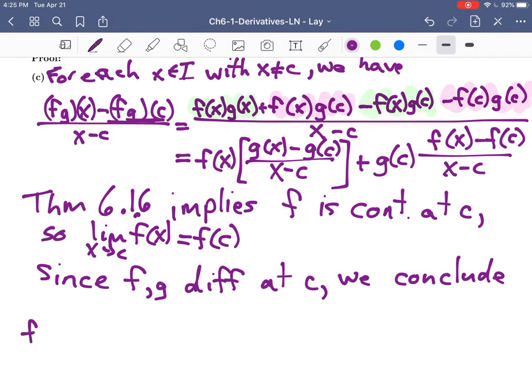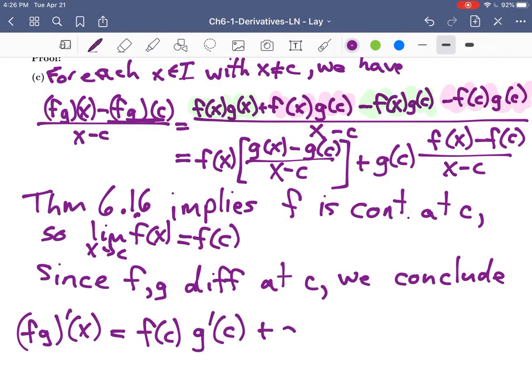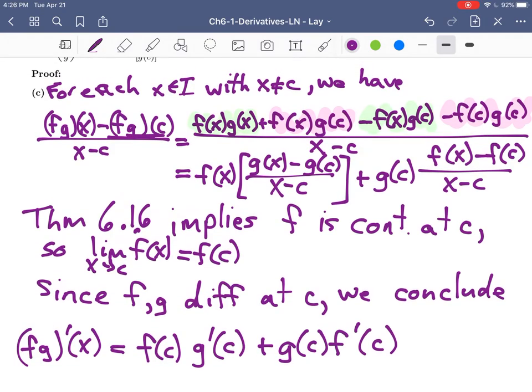that the derivative of f times g at c is equal to f of c g prime of c plus g of c f prime of c. Really, what we've done is look at this piece: the limit as x approaches c of this piece is f of c.